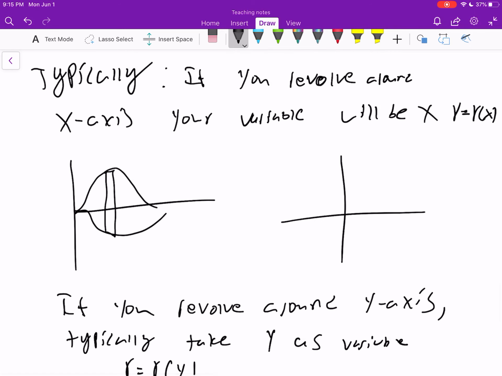And again, what that looks like is that first picture I drew. If I have something that looks like this, when I draw these discs, the thickness of the discs extends along the y-axis, and so that tells me that my integration variable is y.